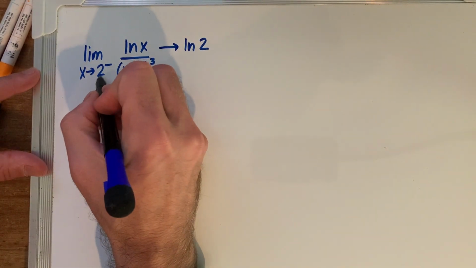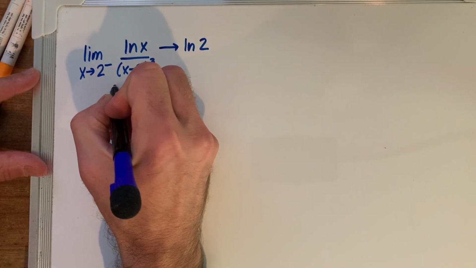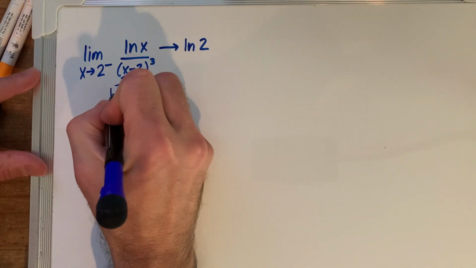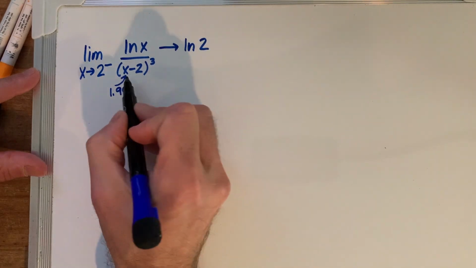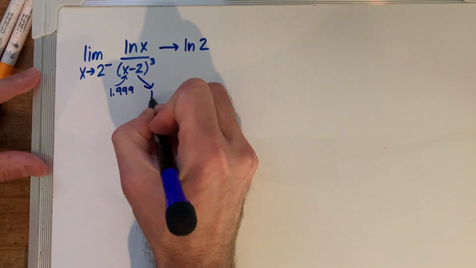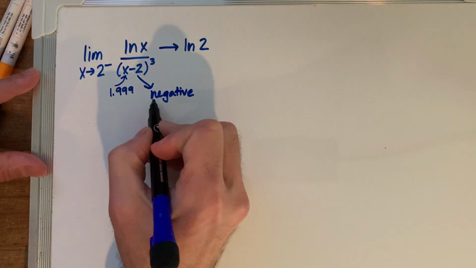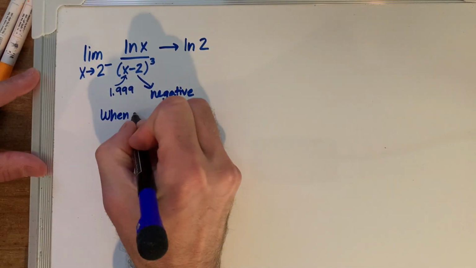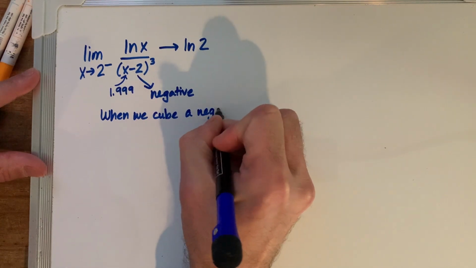And if I think about approaching 2 from the left, okay, and I'm thinking about what kinds of numbers are going in here for x, we're looking at numbers like 1.9, 1.99, 1.999, that when I take 2 away from it, the result is going to be negative. It's going to be a negative number, and we're going to cube it. And when we cube a negative, it's still negative.